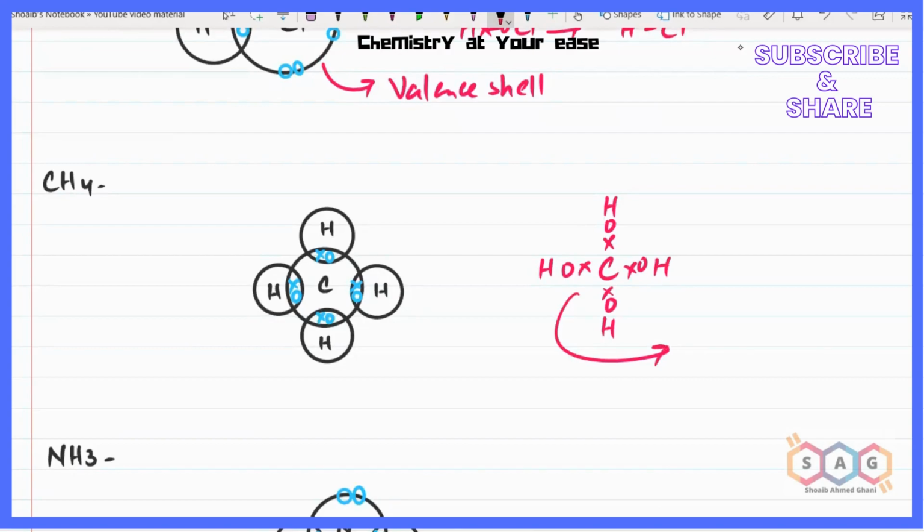In this molecule of CH4, 1, 2, 3, 4 single covalent bonds are formed. Remember, the electrons are shared by different atoms, not by the same atom. One electron is shared by each of the 4 different hydrogen atoms. That's why we say that in the molecule of CH4, 4 covalent bonds are formed.